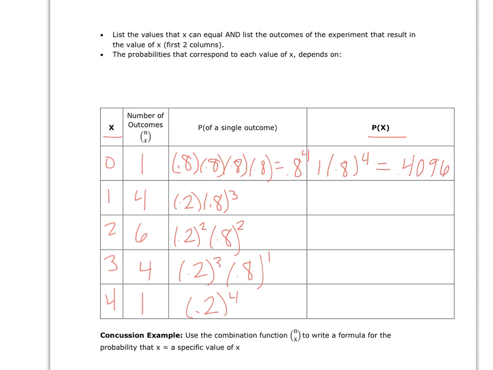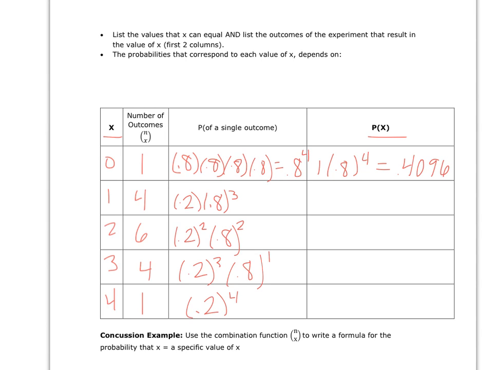Okay, so for x equal to 1, there's 4 different ways that we can have one athlete respond that they have a concussion. So it's either the first one, or the second one, or the third one, or the fourth one. We're combining those with or, so that means we're going to add those probabilities.